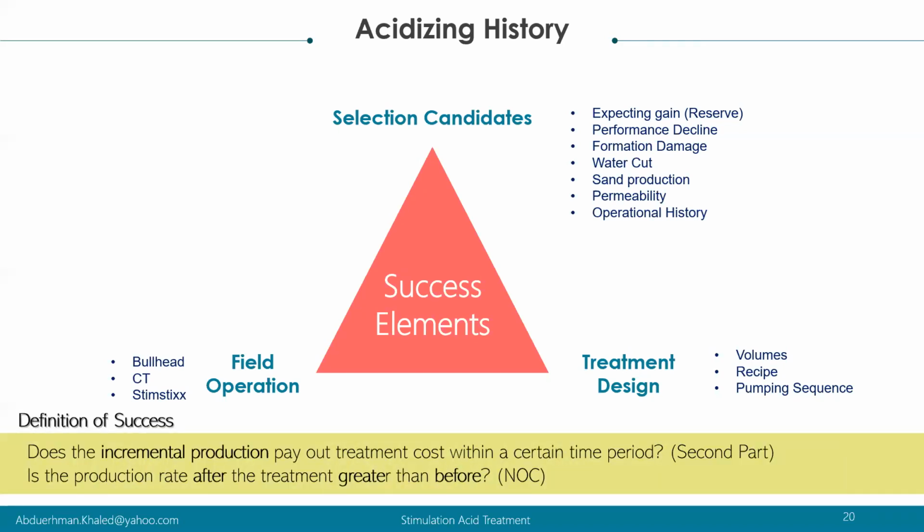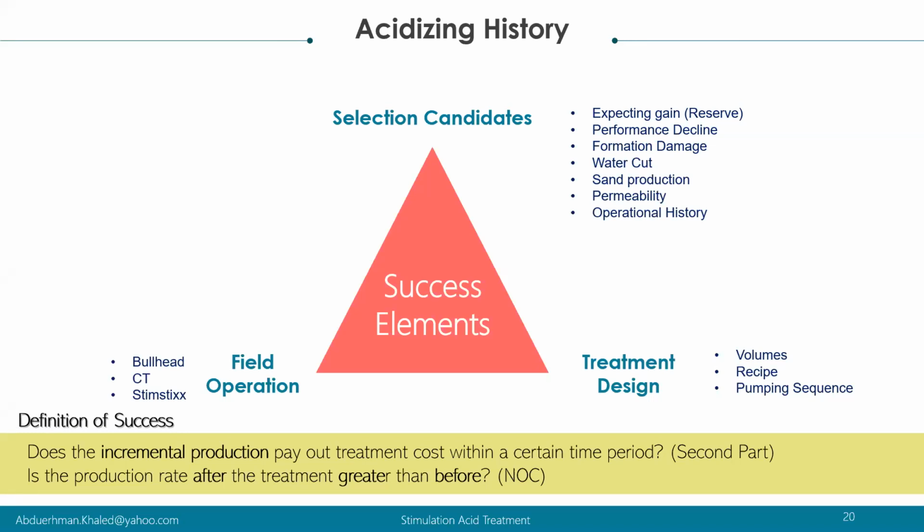Here, I would like to highlight something: how can we say the job is successful or not? There are two main approaches that are usually followed. The first one is whether the incremental production pays out the treatment cost within a certain period of time.